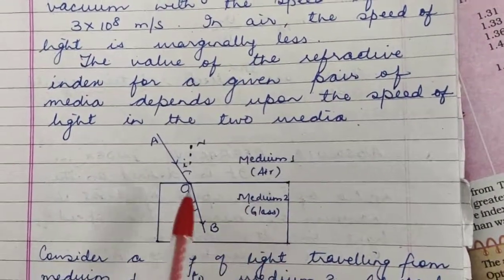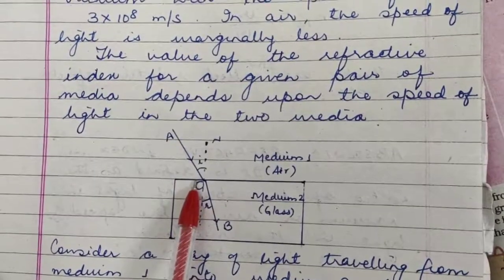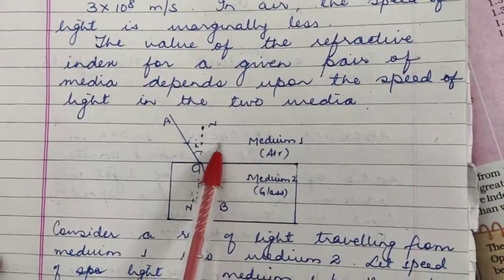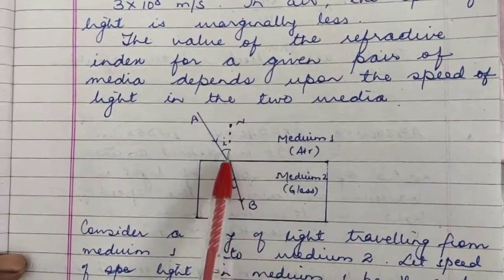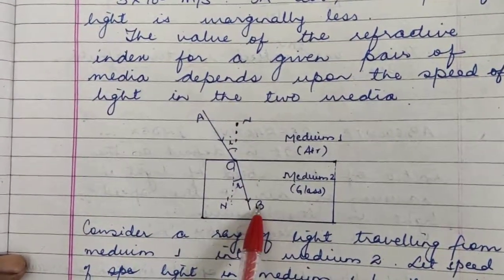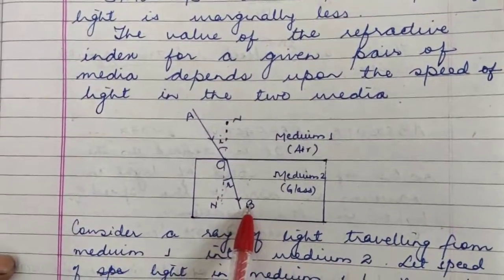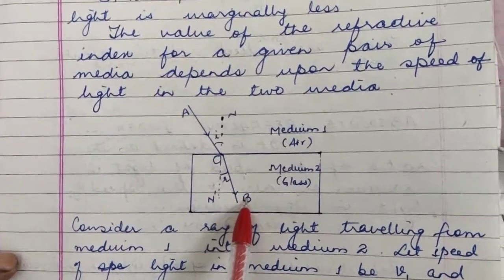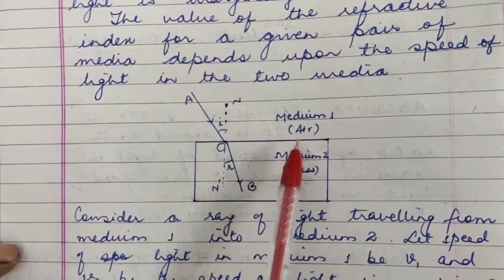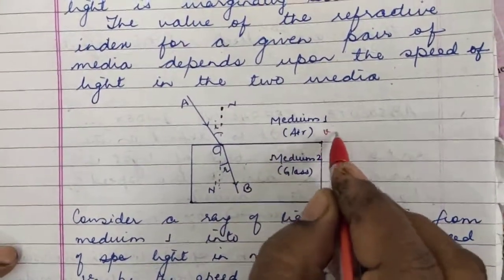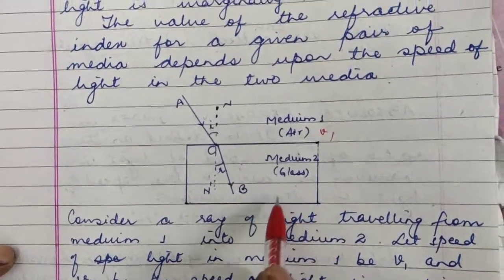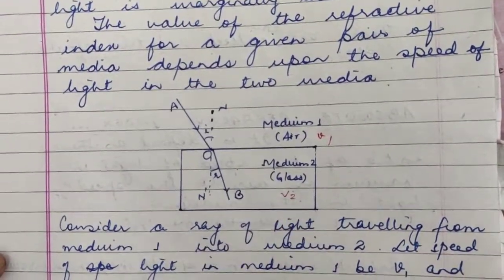Now consider a ray of light moving from medium 1, that is air, into medium 2, that is glass. Now let the speed of light in medium 1 be V1 and that in medium 2 be V2.